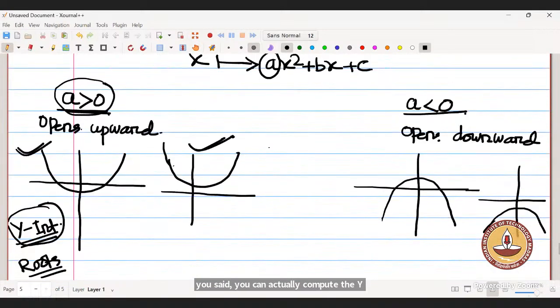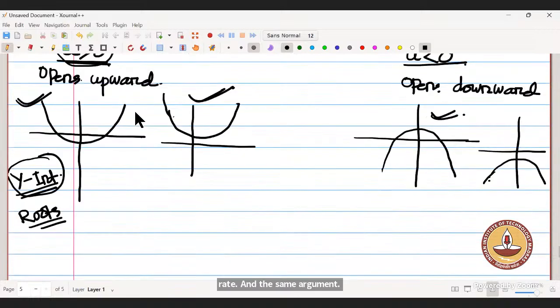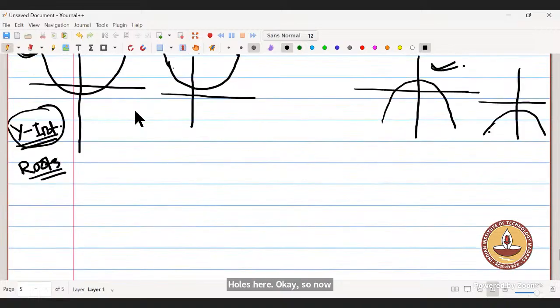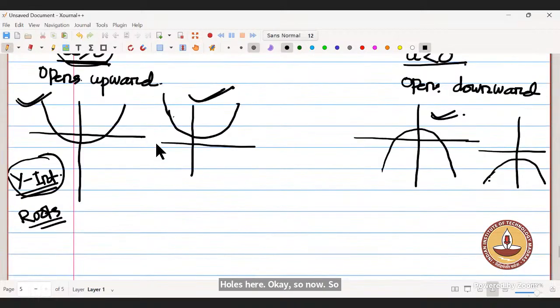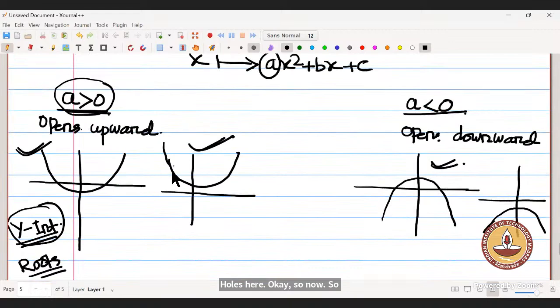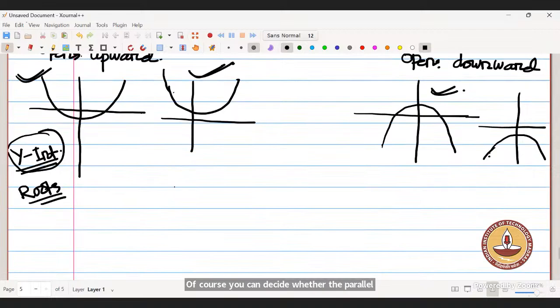And the same argument holds here. So by using this argument, you can decide whether the parabola crosses the x-axis or not. But there is much more than this.